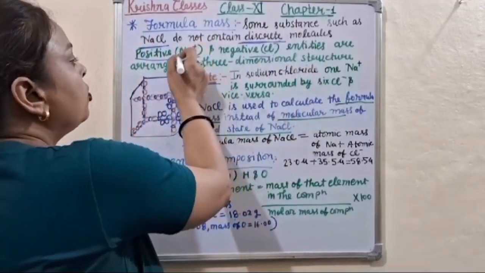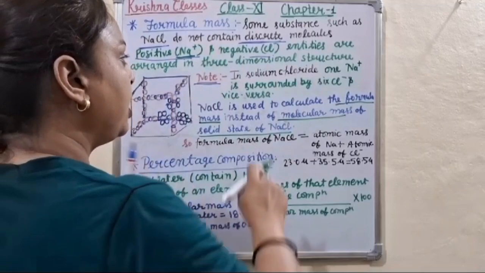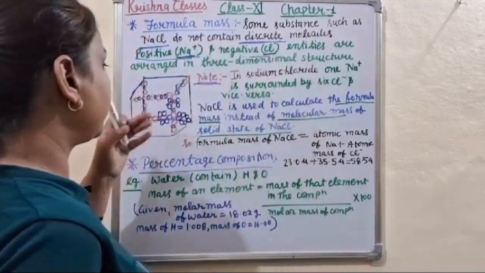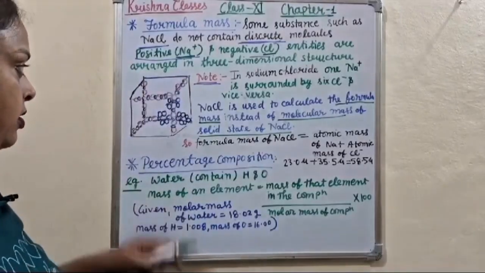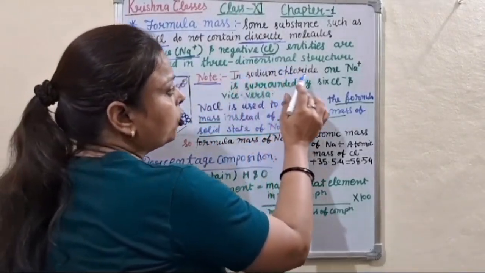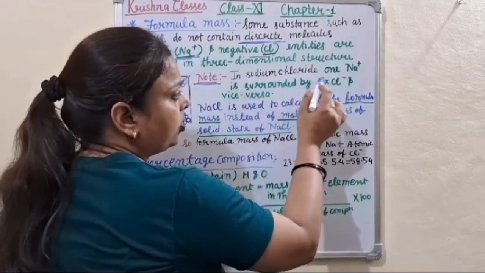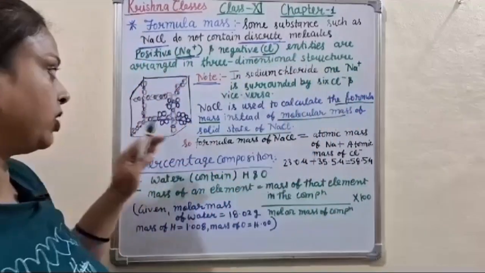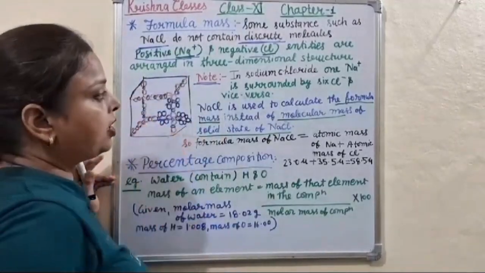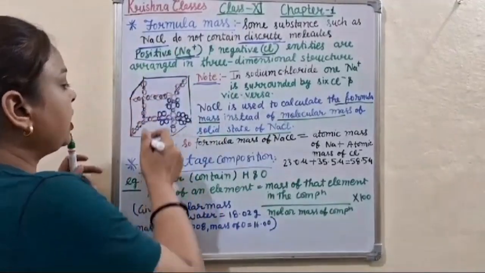Here, what is the positive? Na plus. And what is the negative? Cl minus. Both are arranged in a three-dimensional structure like here. Some points should also be noted. In sodium chloride, one Na plus is surrounded by 6 Cl minus, and vice versa. Suppose the red dot is Na plus, then blue is Cl minus.